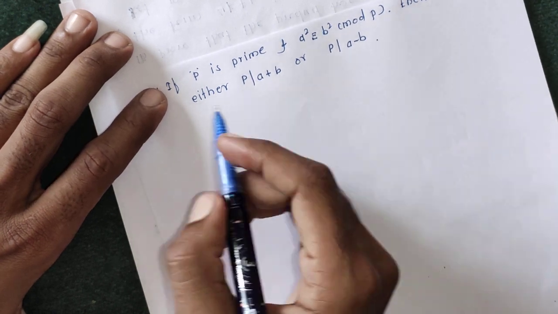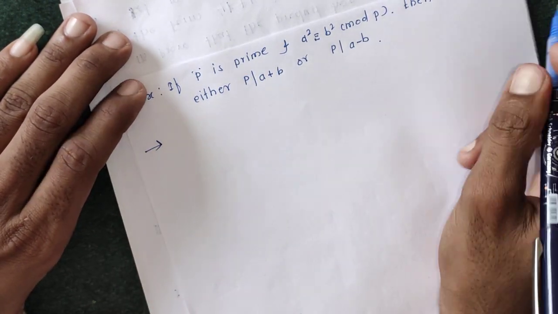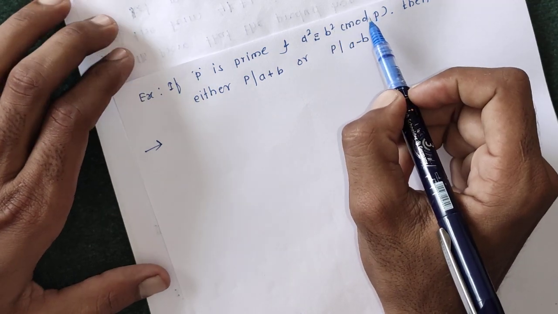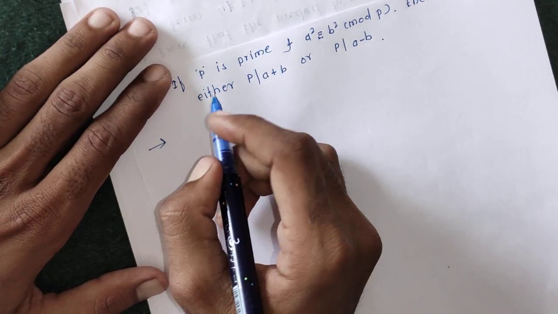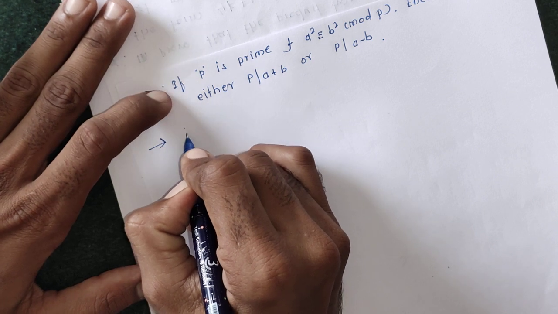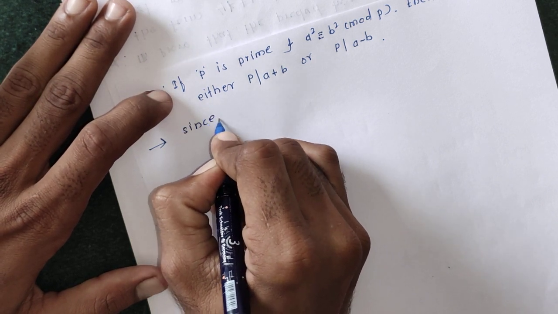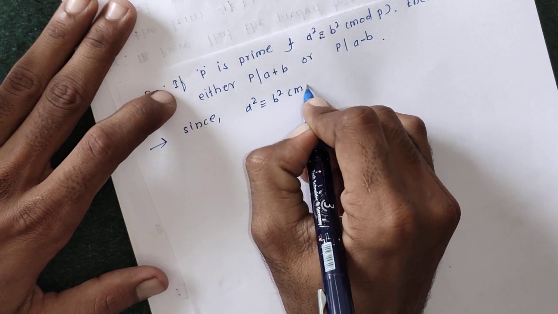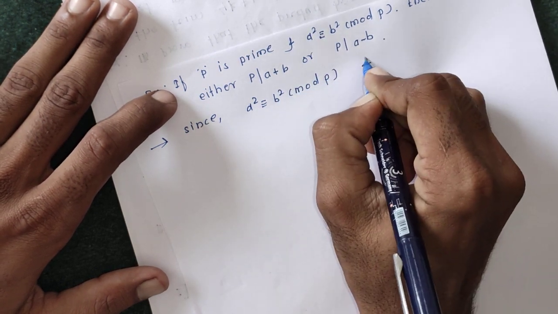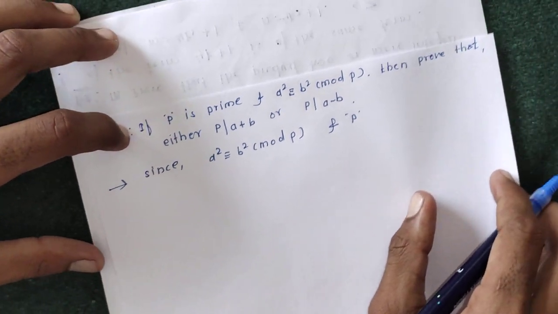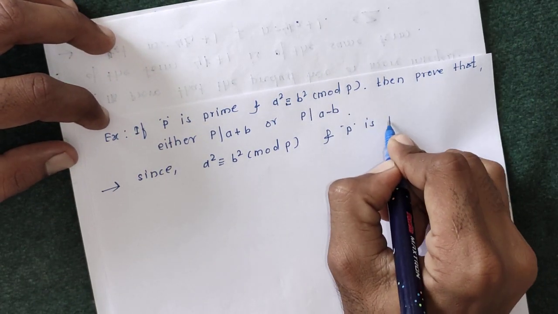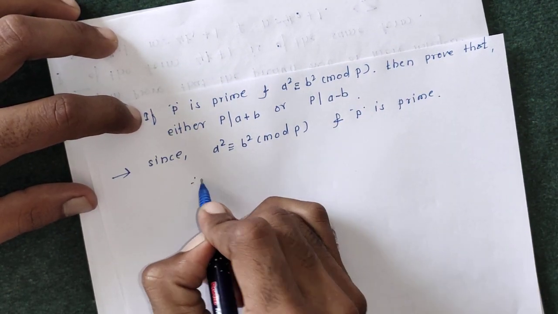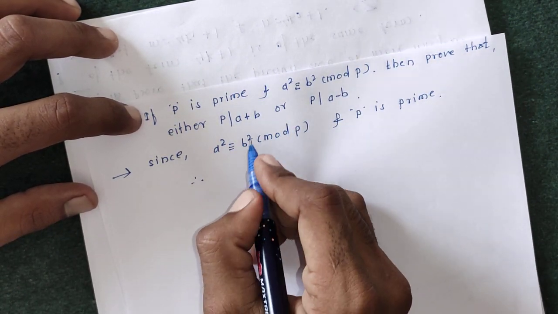To prove this, we are given that p is a prime number and also that a square is congruent to b square mod p. So we are going to use these two given things. Since a square is congruent to b square mod p, we can use the definition of congruence.